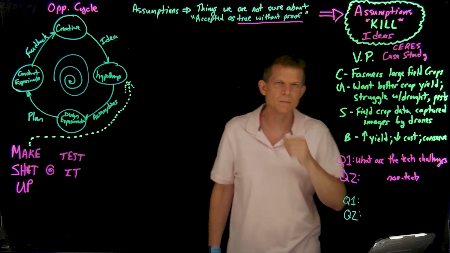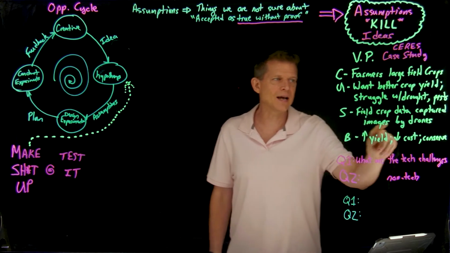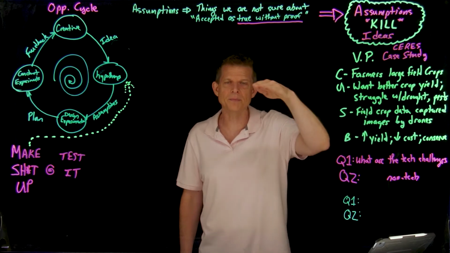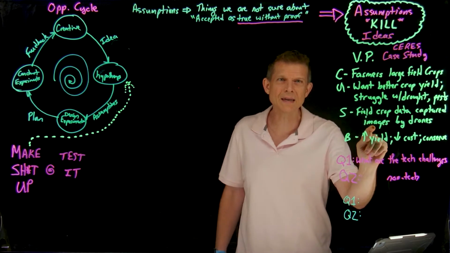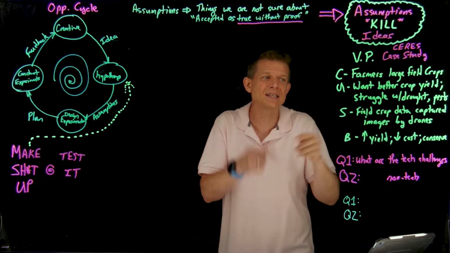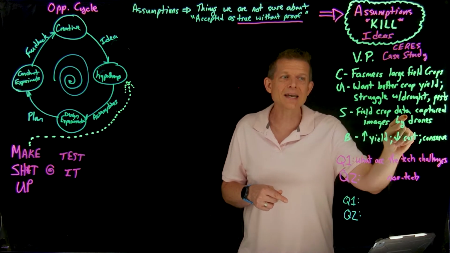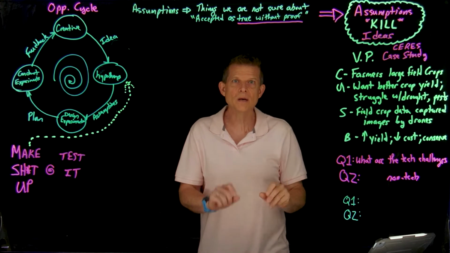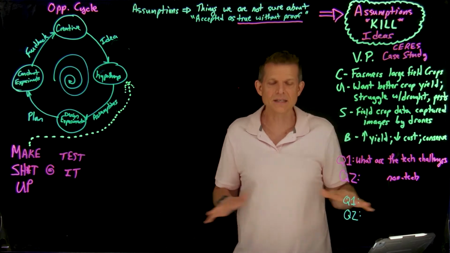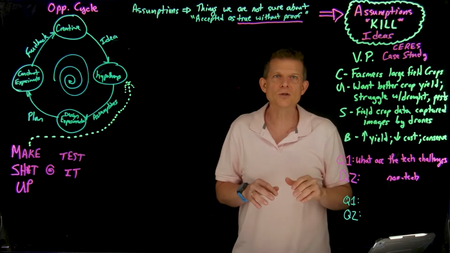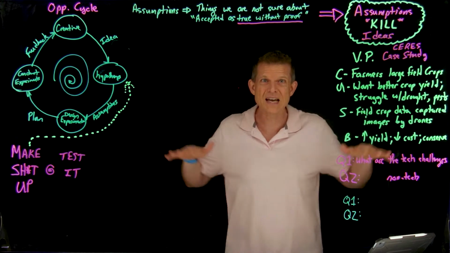The solution is we are going to fly drones over top the crop, over top the field. We're going to take images, and then we're going to translate the image into data that is usable by the farmer so that they can make decisions on how to irrigate or pest control their entire field.